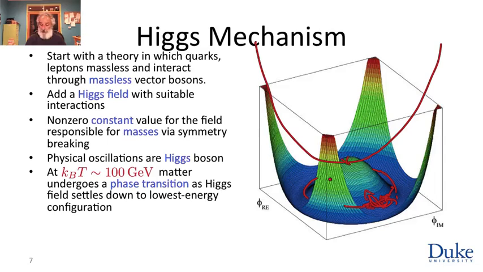As you lower the temperature, this becomes relevant, and so at high temperatures, the world lives in a symmetric phase, and there is a phase transition where the symmetry is broken as you cool the world down below 100 GeV in energy, and it is in this transition that the Higgs field acquires an expectation value.